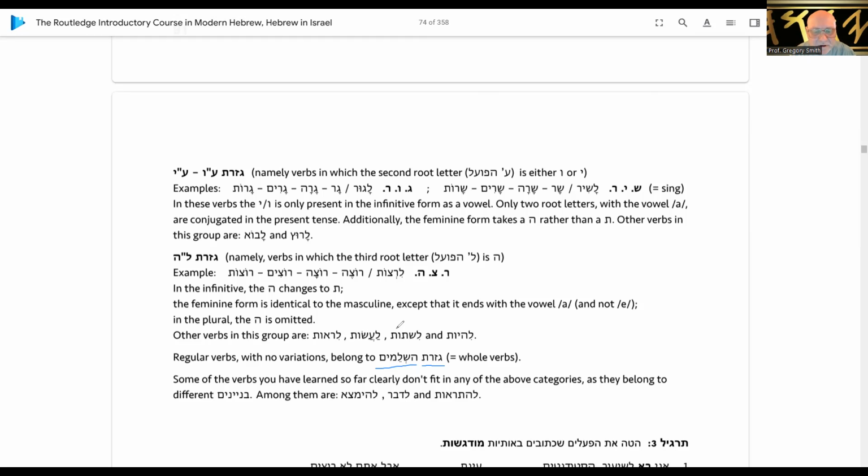Yeah, hashlemim means the whole. So it's like the whole category. Okay.